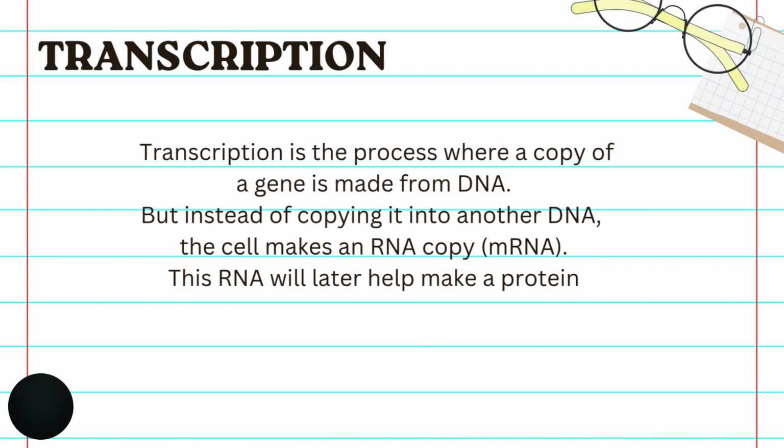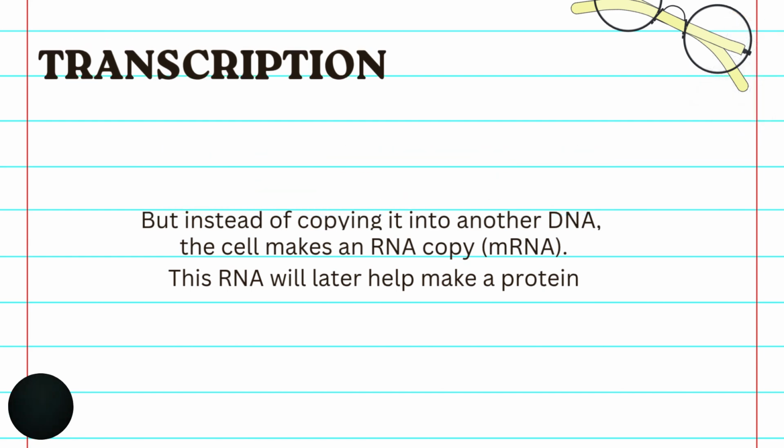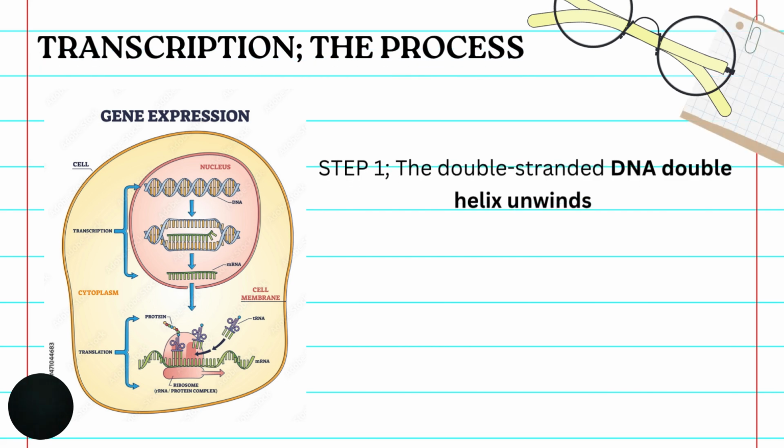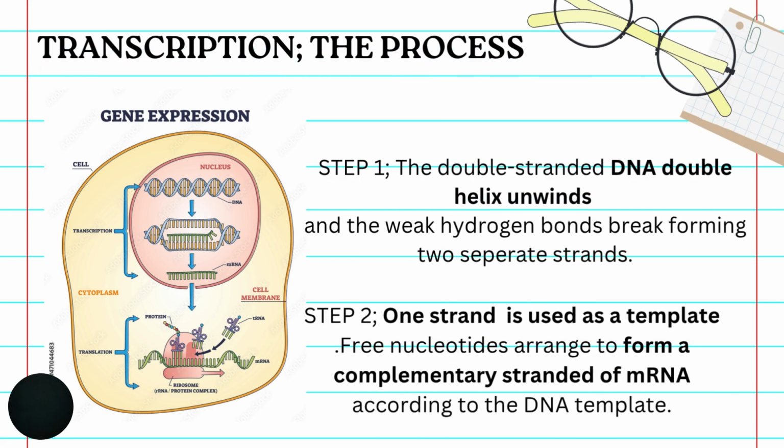And it passes this information to an RNA molecule, forming mRNA, which is messenger RNA. So it won't make a copy of itself, but it will make a copy as mRNA, which will then send a message and help make a protein. So this is how the process goes.